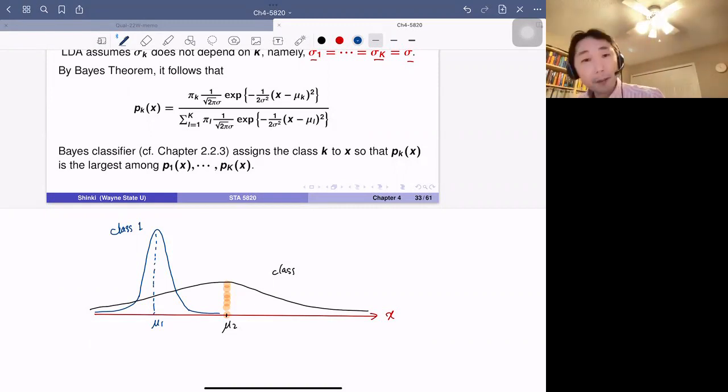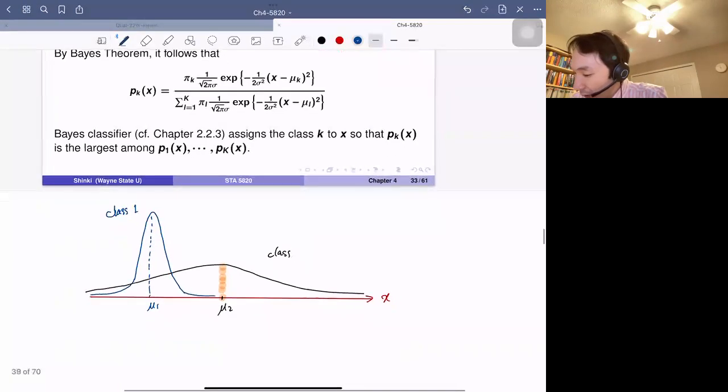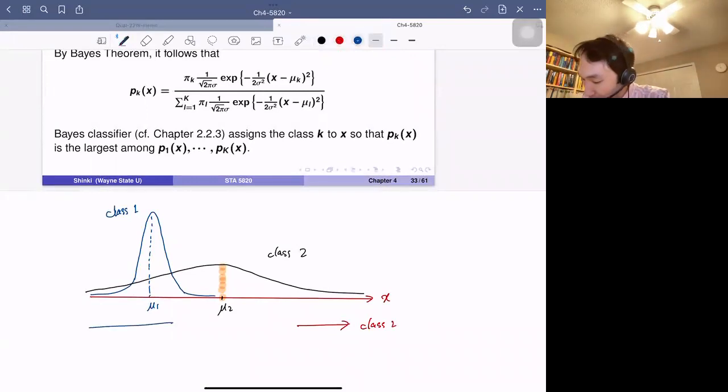So the problem is that basically, a higher value of X makes class 2 more likely, and a lower value makes class 1 more likely. That is basically the information from the center. But this is actually not really true if the variance is different, because class 1 has higher density than class 2 only in this area, right?